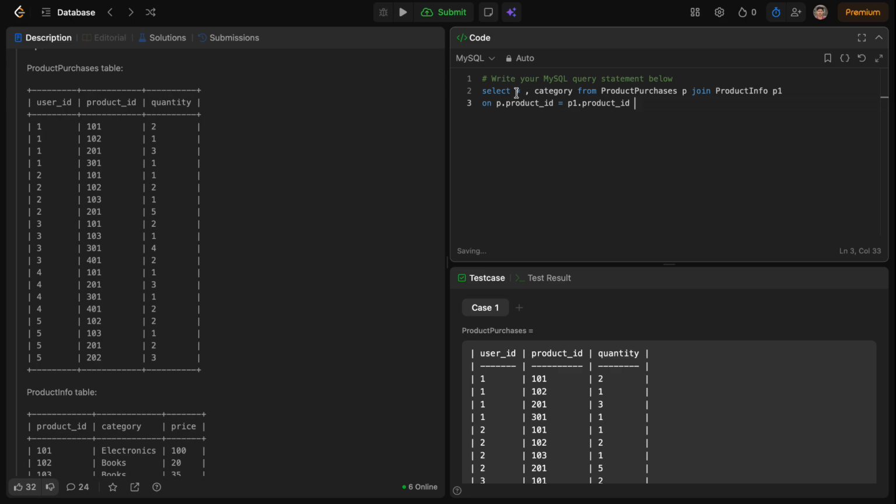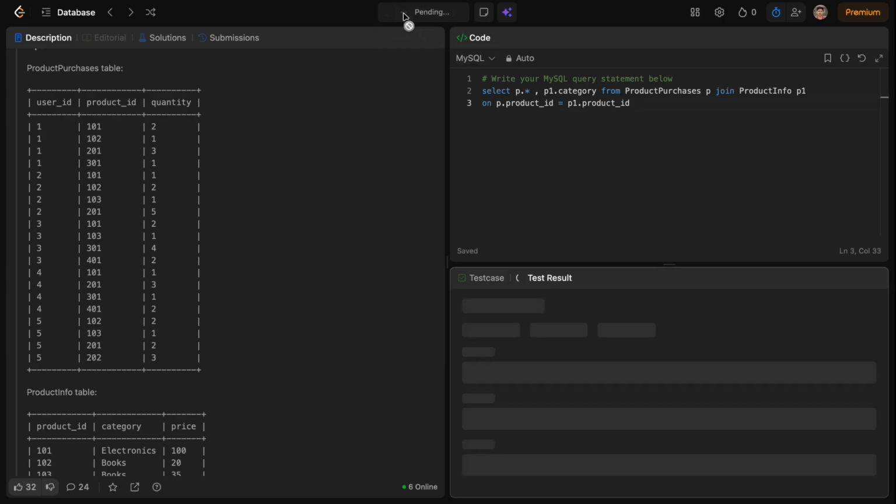Now run this and let's see if we get the required output.